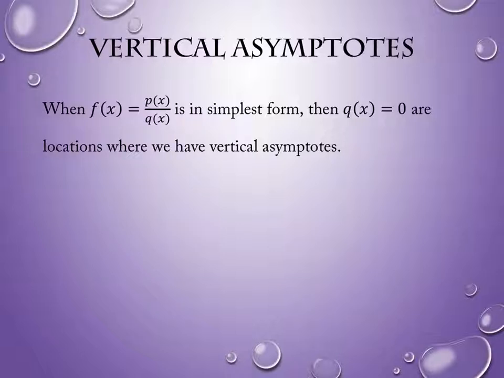So you guys know what vertical means, because we've dealt with vertical lines before, right? Yeah, straight up and down, right? So the word vertical, we have an idea of. But asymptote may or may not be something that you're super familiar with. So what in the world is an asymptote?